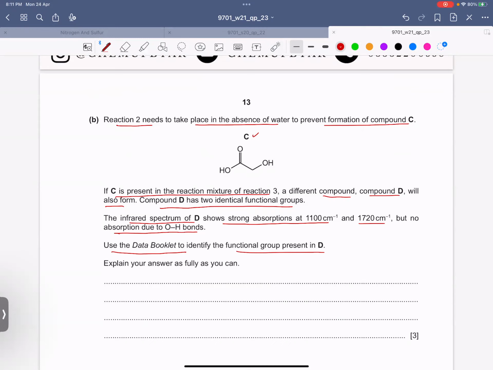Okay, so they have given us the values and they have told us which absorption is not going to be present.